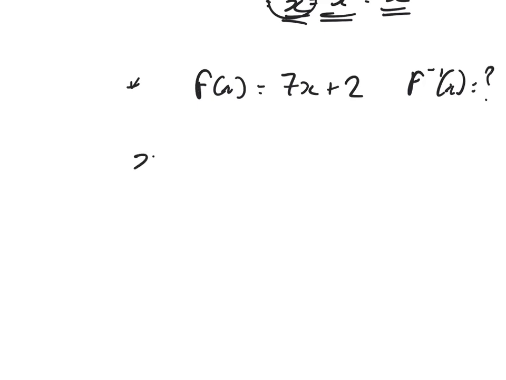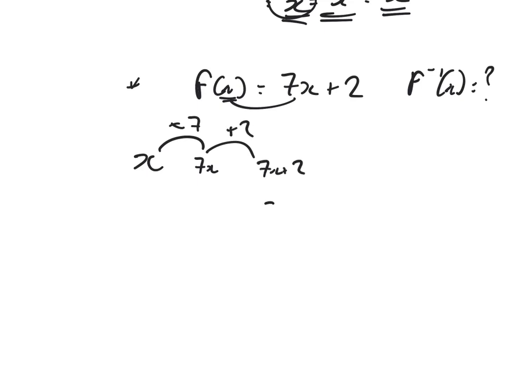Find the inverse function of f of x, where f of x is 7x plus 2. The function for f is to write down x multiplied by 7 to get 7x, and then add on 2 to get 7x plus 2.